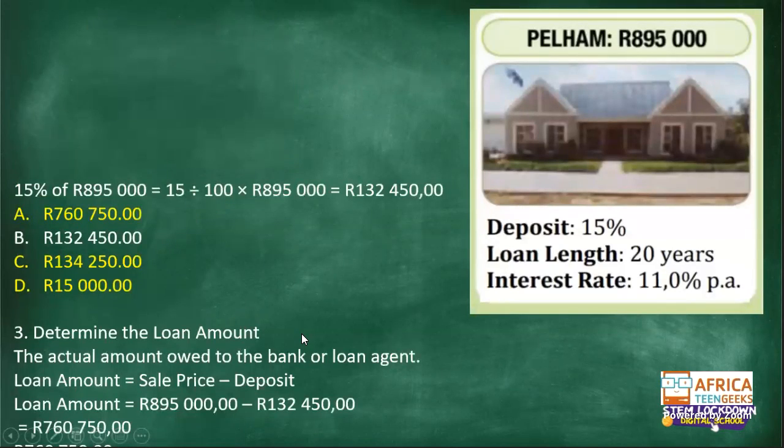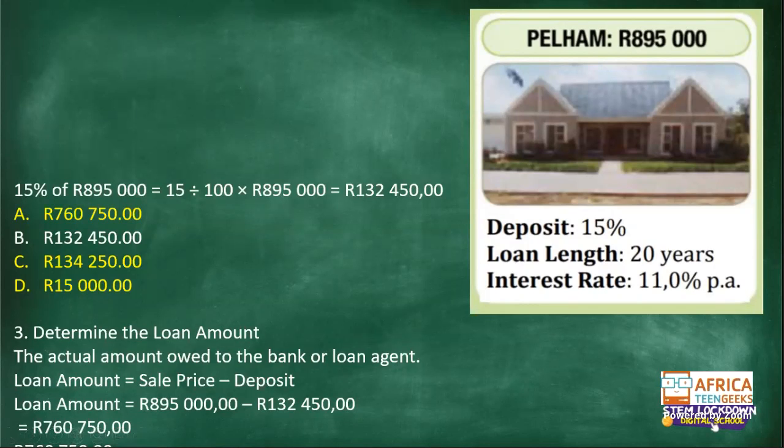the topic for today is finance. And of course, we are looking at the price of a house. Whenever you are given a house, which is worth 895,000 rands with the deposit of 15% there. Now, this is the house and this is the value of the house.